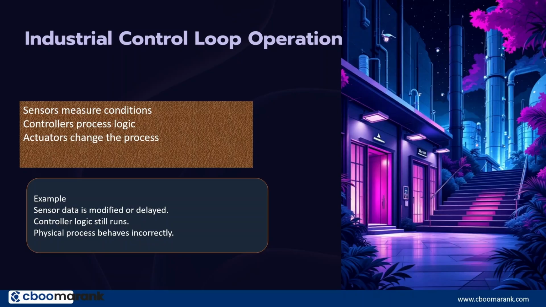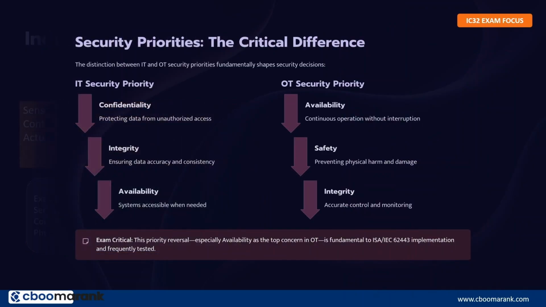For example, the sensor data is modified or delayed, the control logic still runs, then the physical process behaves incorrectly. This highlights a critical concept: operational technology attacks do not need to compromise the controller to be effective. Simply manipulating input can be enough to cause serious problems for industries.